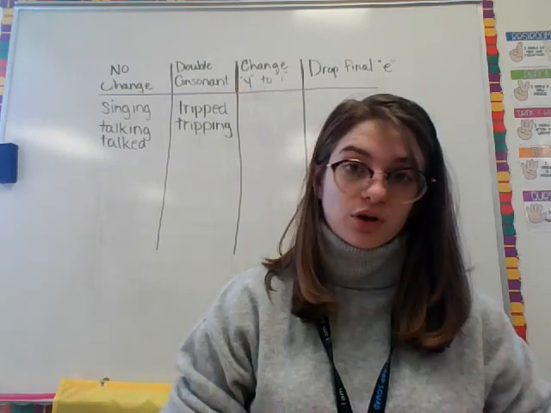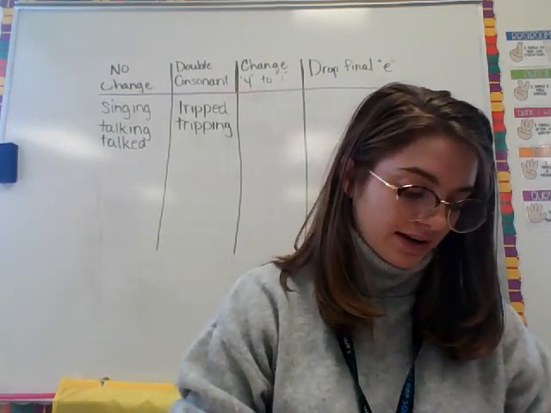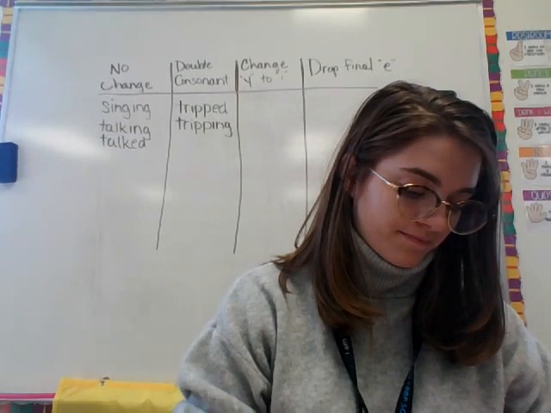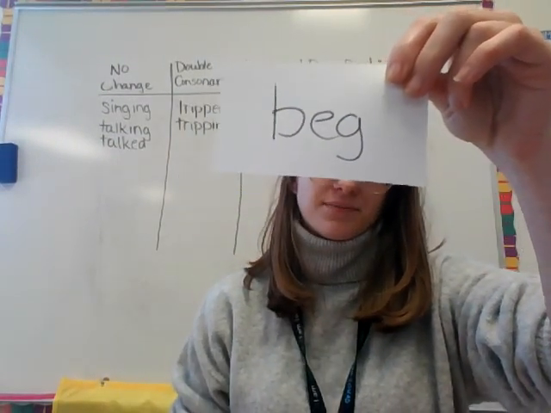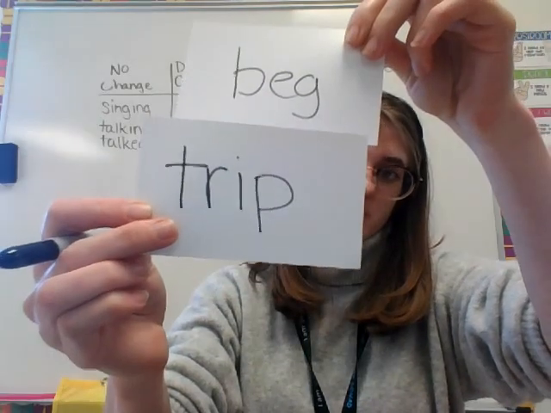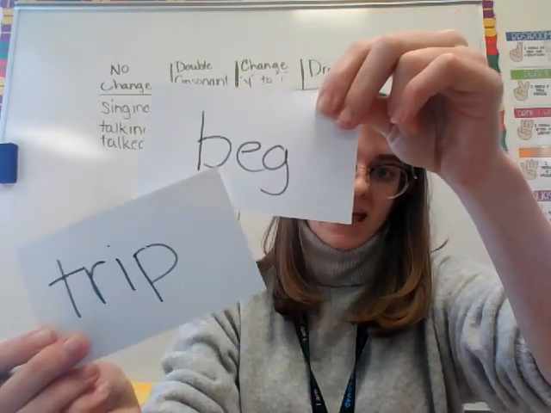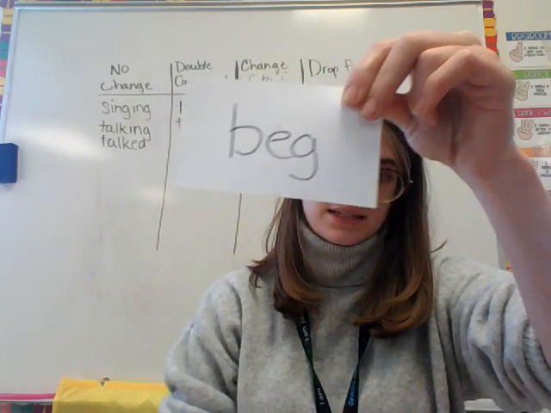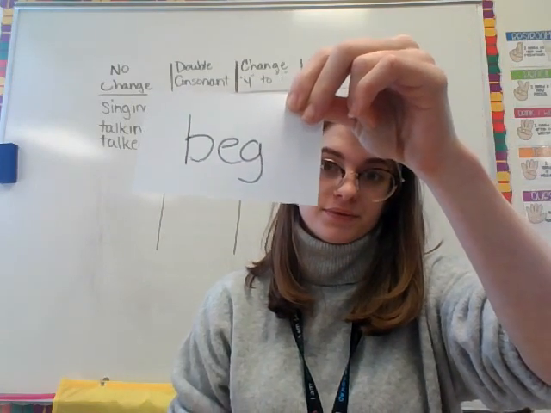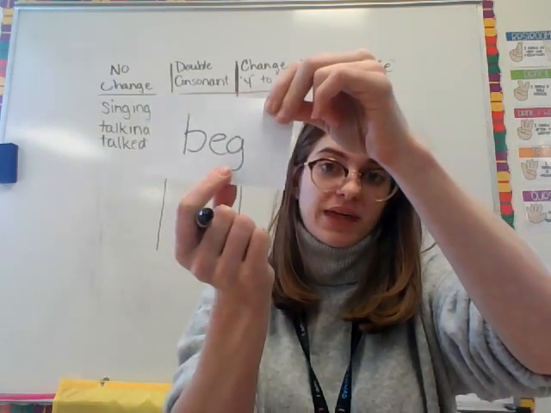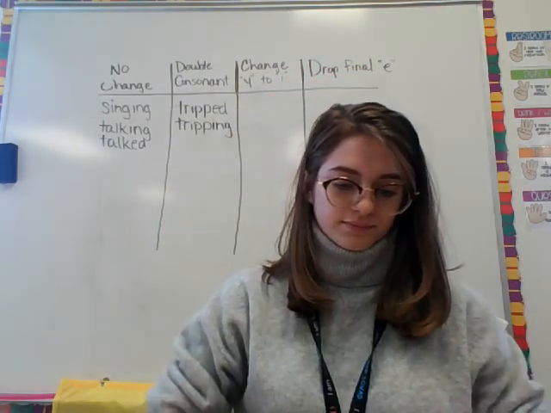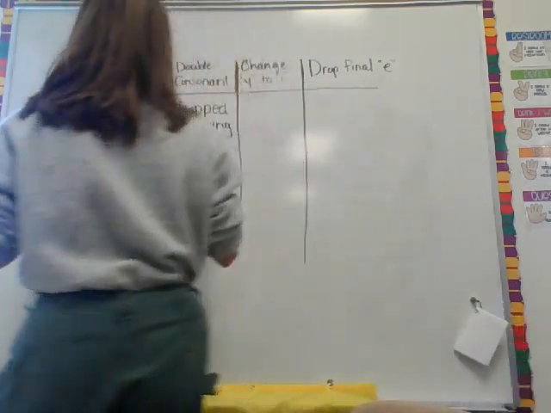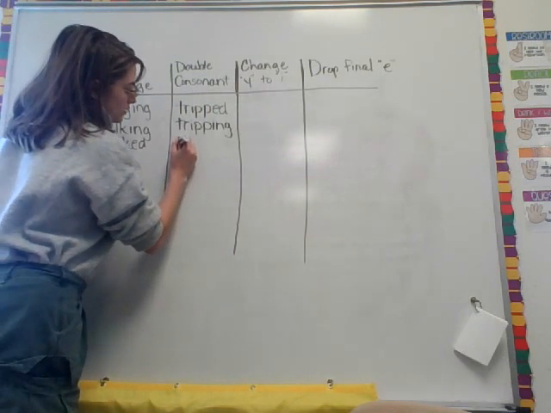The next double consonant word that we're going to look at is the word beg. Like the word trip, beg ends in a vowel consonant, so we're going to double that consonant. We'll begin with the word beg, and we'll add ed to it.